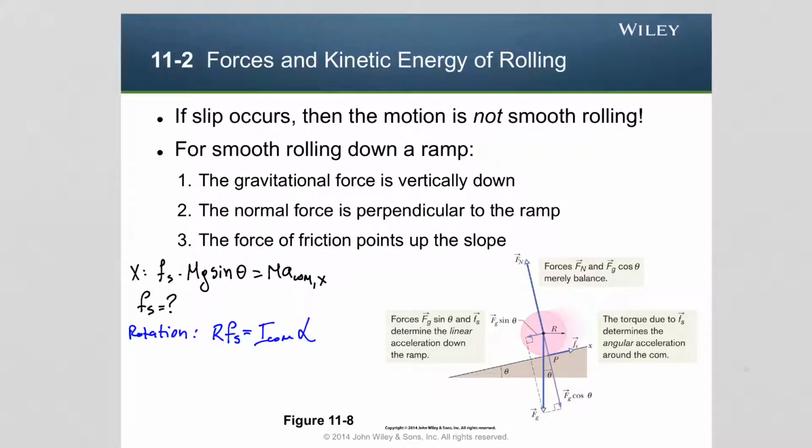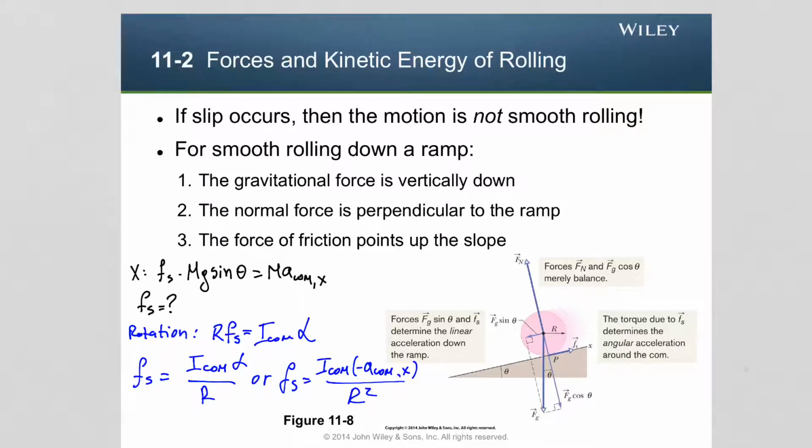The rotational form of the second law states that the torque of the force of static friction, which is the product of the radius of the sphere and the magnitude of the force of static friction, so r times Fs, is equal to the product of the moment of inertia of the center of mass of the sphere times the angular acceleration with which the sphere rotates. Rearranging the terms gives me that the force of static friction is equal to I_cm times the angular acceleration alpha divided by the radius of the sphere.